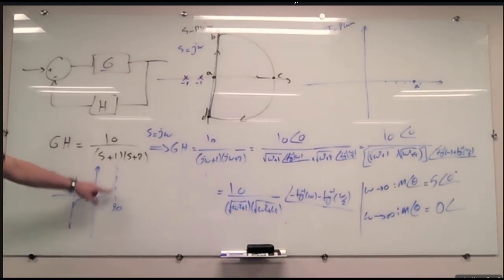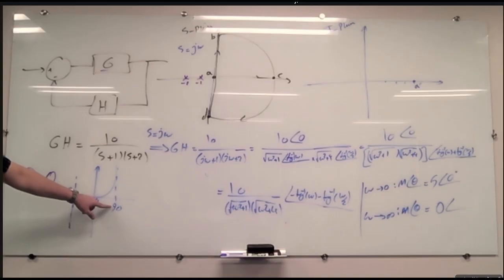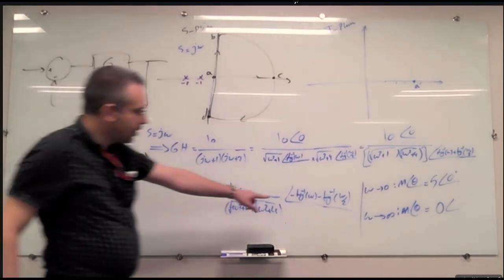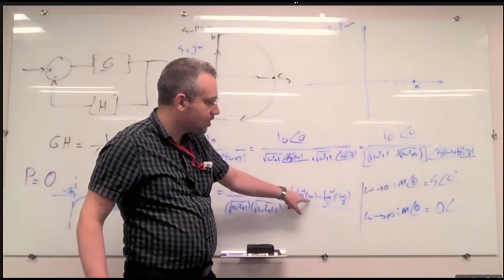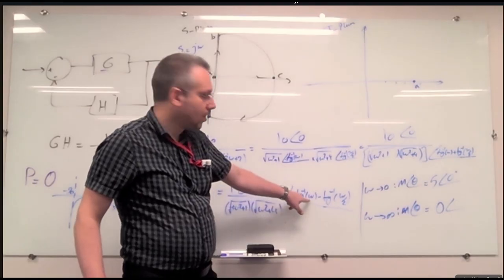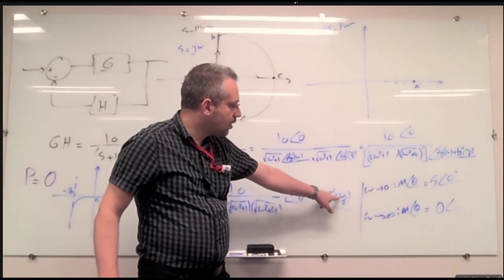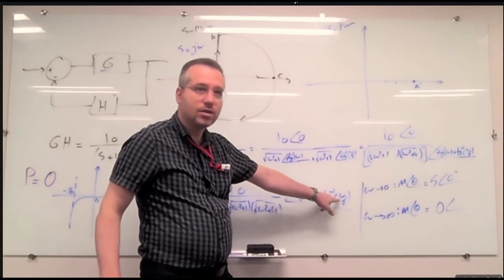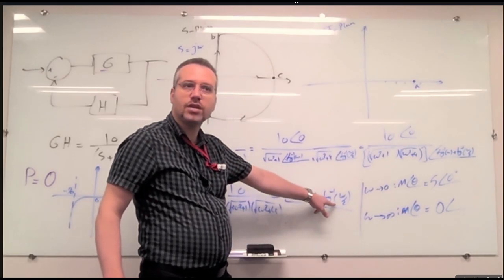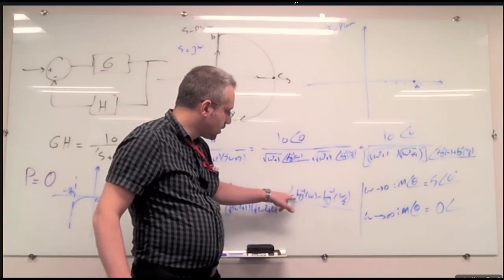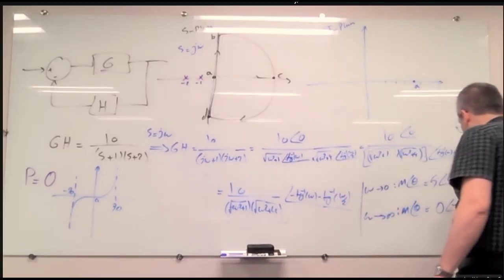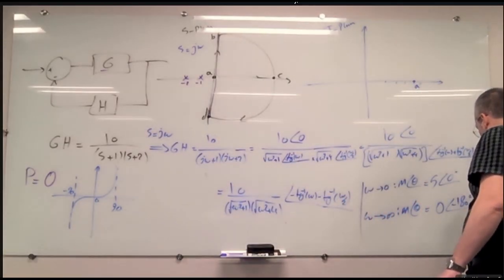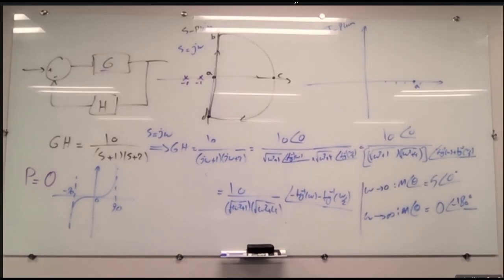Tangent goes to infinity when the degree is 90. So this one becomes 90, which has a minus sign in front of it, so it's minus 90. This one is also going to be infinity over 2, which is infinity, so again it's going to be minus 90. So minus 90 and minus 90 is minus 180. Are we good?